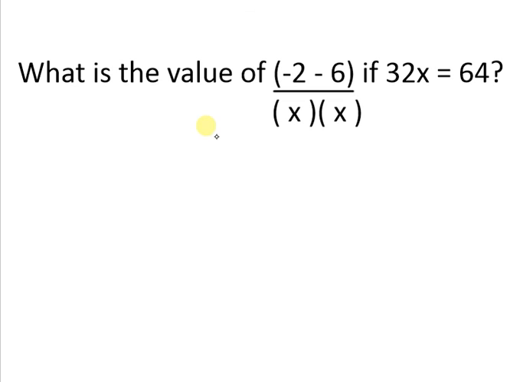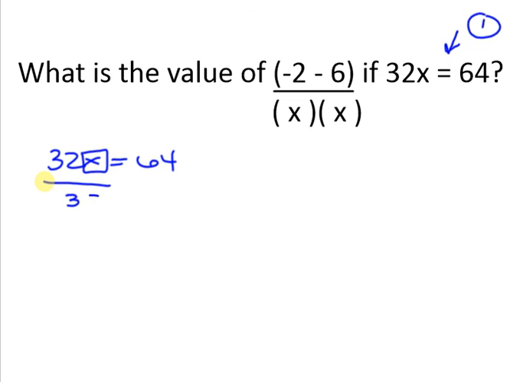All right. What is the value of negative 2 minus 6 over x times x if 32x equals 64? So step 1, find the equal sign. Here it is, and we need to solve this first. So 32x equals 64. All right, basic one-step equation. Divide by 32, and x equals 2.